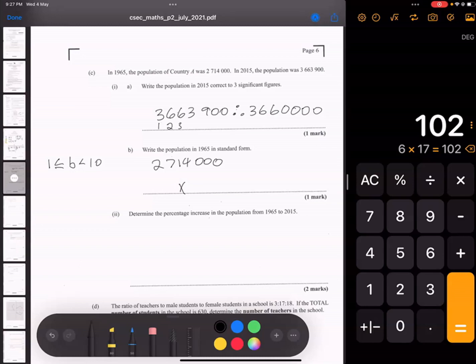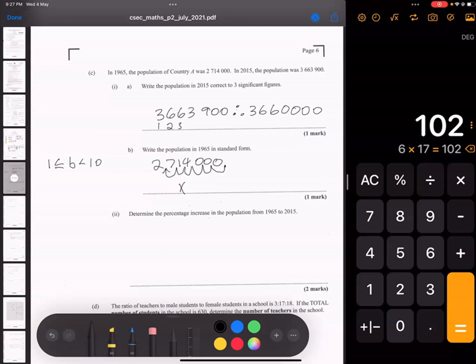All right, so we're going to move the decimal until we reach these parameters. So we are currently at 2,714,000, and we know that for whole numbers, our decimal point is at the end. So we're going to move this until we have a number that is in between our parameters.